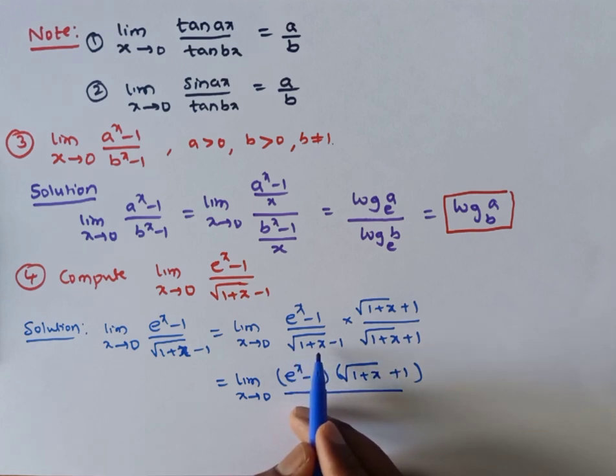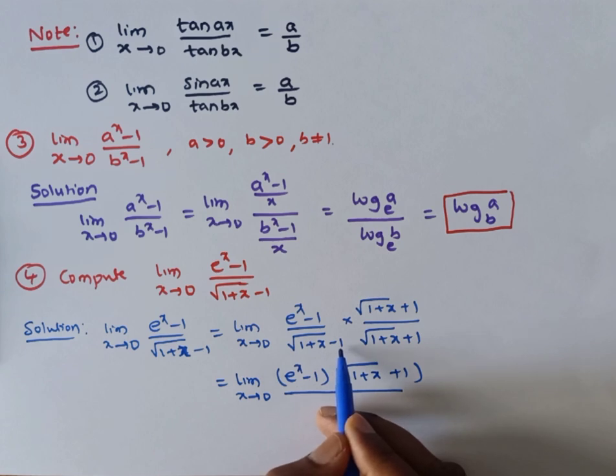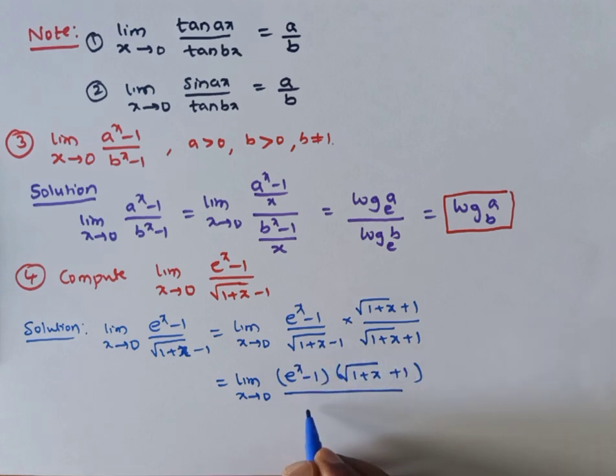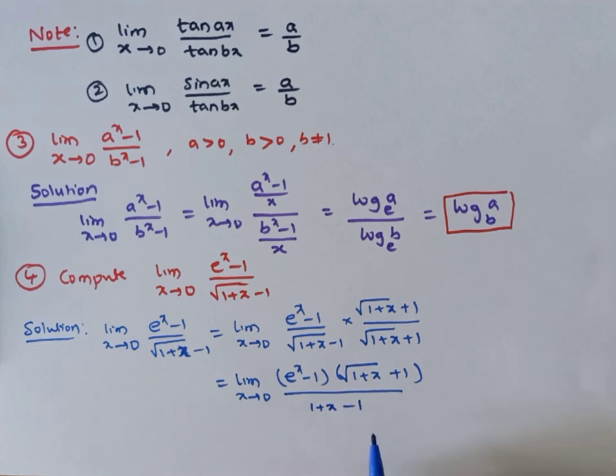So root of 1 plus x is a and 1 is b, so it is a minus b into a plus b. So (root of 1 plus x) whole squared means 1 plus x, and 1 squared is 1, with a minus sign. Now here the plus 1 and minus 1 get cancelled.